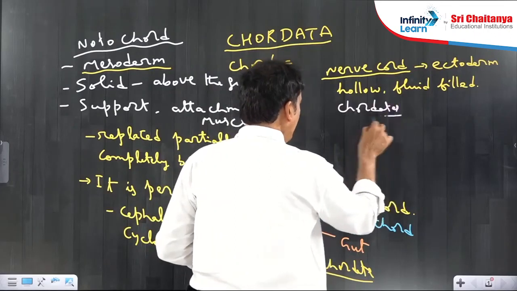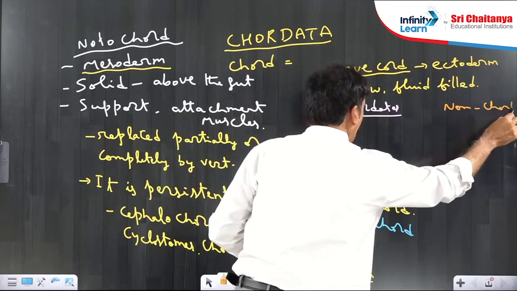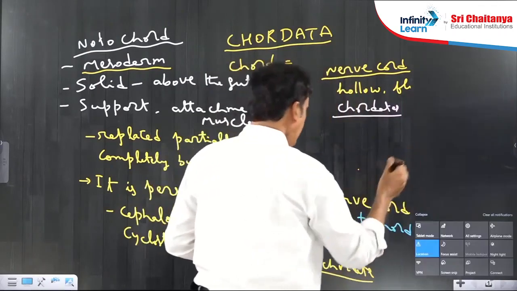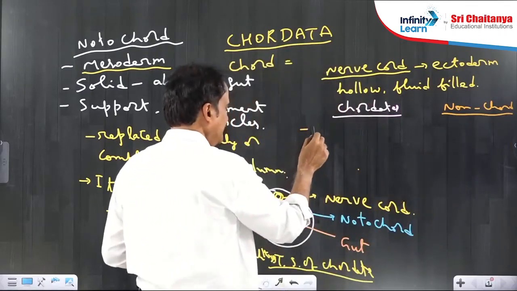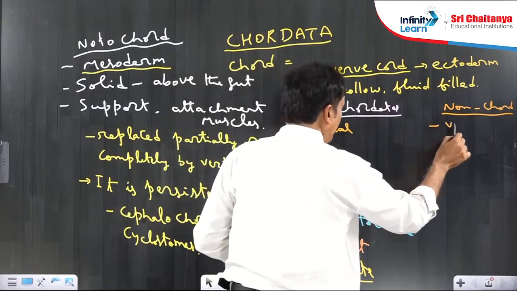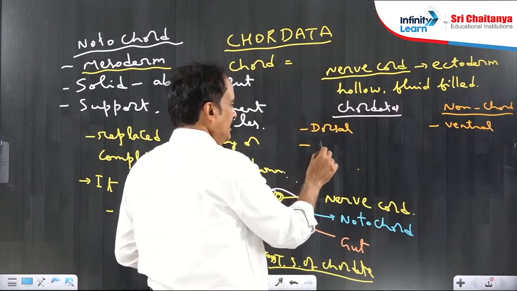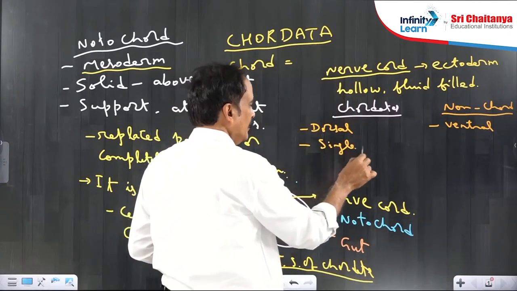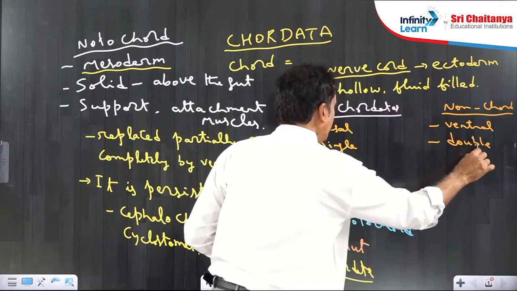In case of chordates, the nerve cord is on the dorsal side, whereas in non-chordates it is on the ventral side. In chordates this is a single structure, whereas in non-chordates they are double.